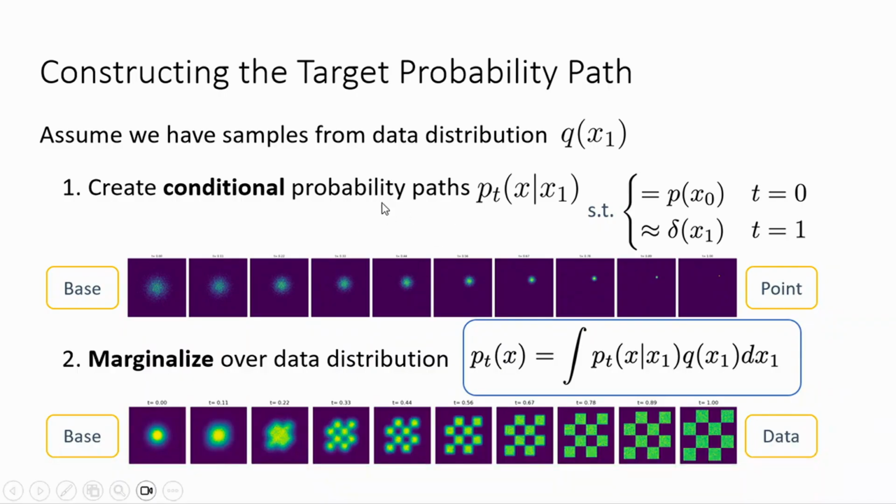So we can get the conditional probability path, and then effectively the marginalization over the vector field loss will give us also the marginalization over the data distribution. At the end, we are able to sample just from the noise without conditioning on any endpoint. We can directly sample from noise and use the marginalized vector field to draw a sample that is sampling from the entire data set and not just a single data point.